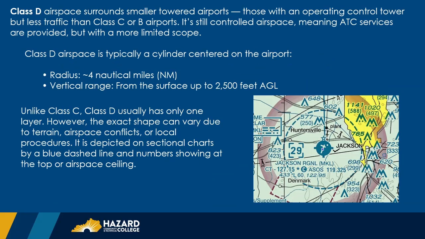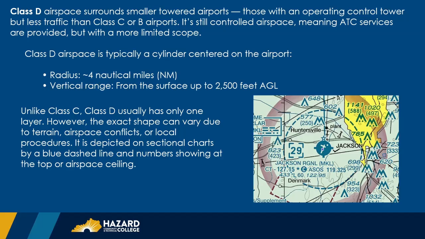Class D airspace surrounds smaller towered airports, those with an operating control tower, but less traffic than Class C or B airports. It's still controlled airspace, meaning air traffic control services are provided, but with more limited scope. Class D airspace is typically a cylinder centered on the airport, radius of 4 nautical miles, vertical range from the surface up to 2,500 feet above ground level.